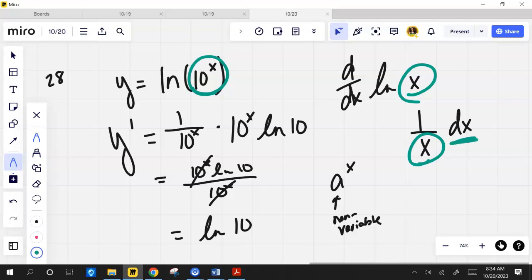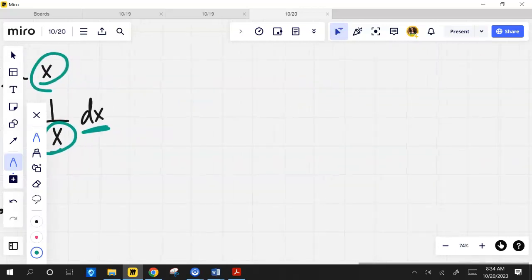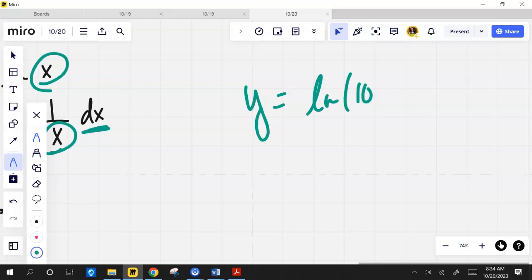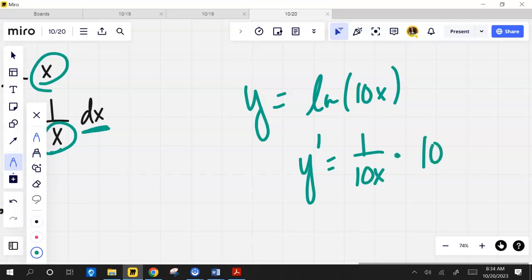It's in the bottom because I put it in the bottom. It's my actual x. Like if it was y equals the log of, I don't know, just 10x instead of 10 to the x, well then the derivative would be 1 over 10x, but then I'd follow it with 10. You with me? Okay.